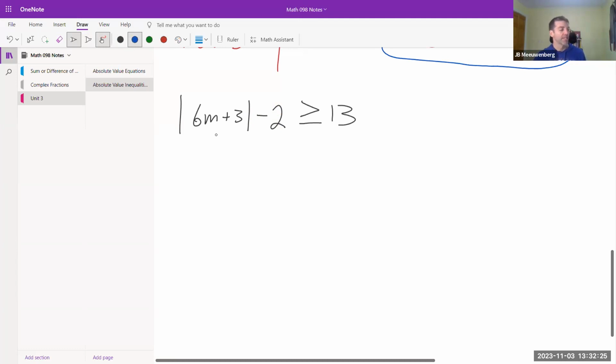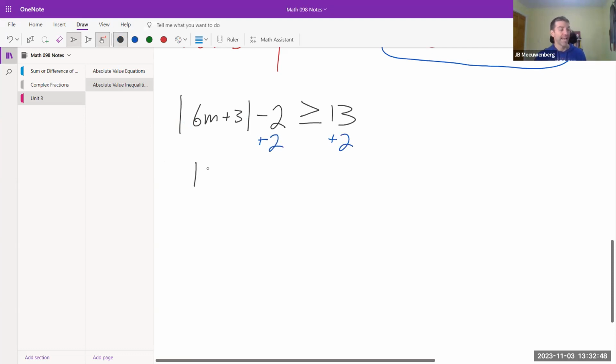Before we can separate into 2 separate inequality statements, we first have to get rid of anything else that's over there with the absolute value. We can't have any other things over here except the absolute value. So we have to get rid of that -2 by adding it. Let's add 2 to both sides.